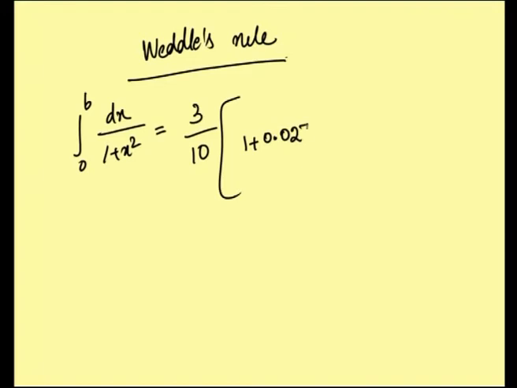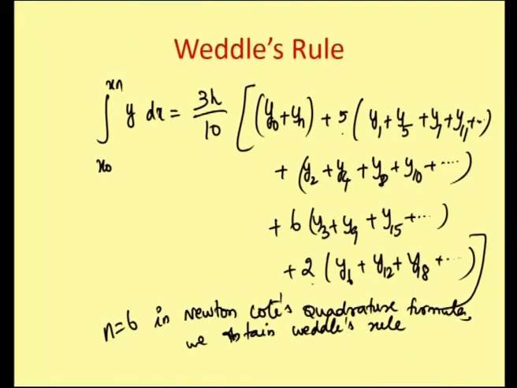First 1 plus 0.027. This is actually the first and last coordinate, plus 5 times remaining. First, multiples of 6 are picked out. Multiple of 6 is not there because y6 is accounted as last coordinate.